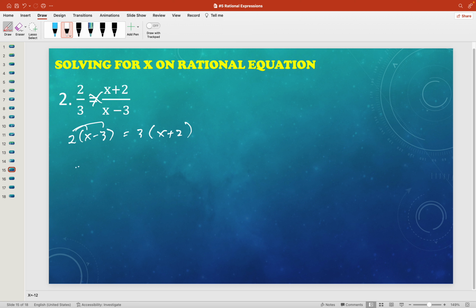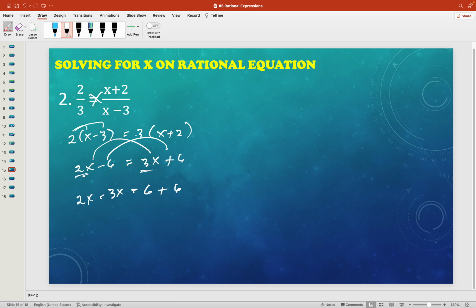Distribute: we have 2x minus 6 is equal to 3x plus 6. So we combine. Retain 2x, then transpose 3x from positive to negative 3x. Then retain positive 6, transpose negative 6 to positive 6.